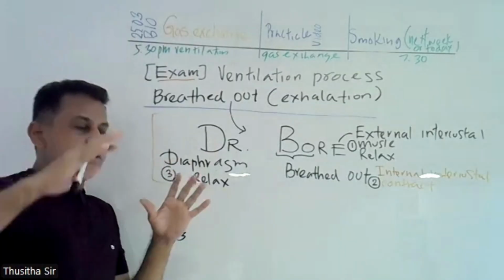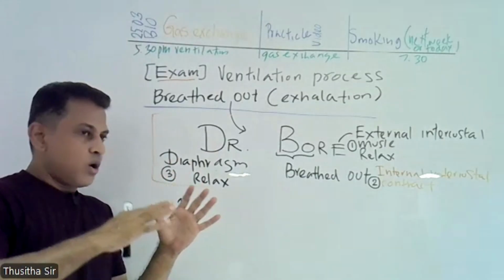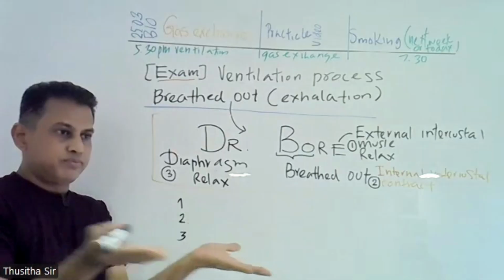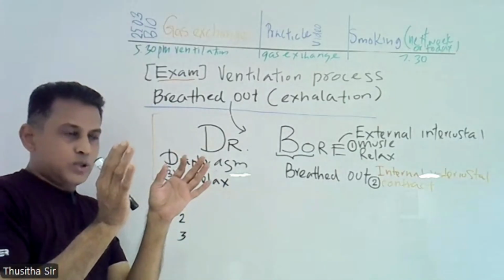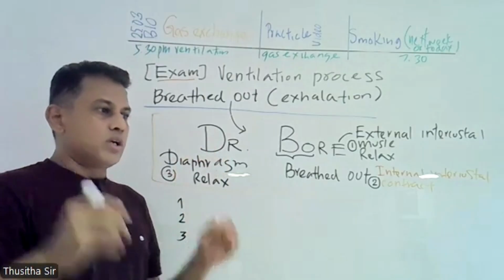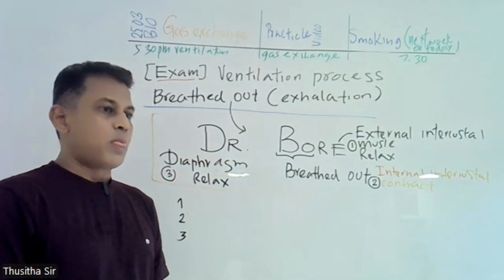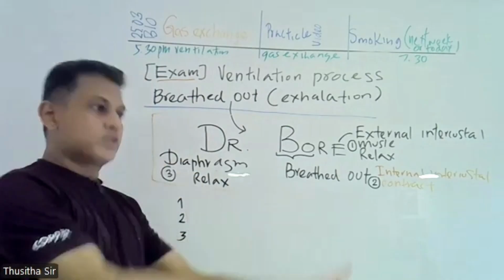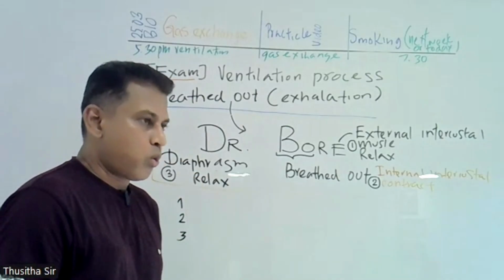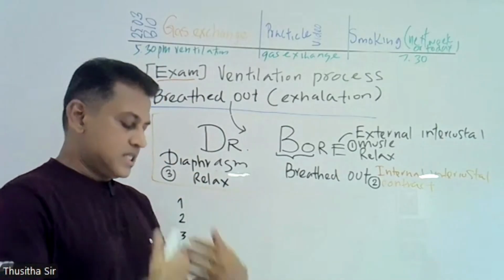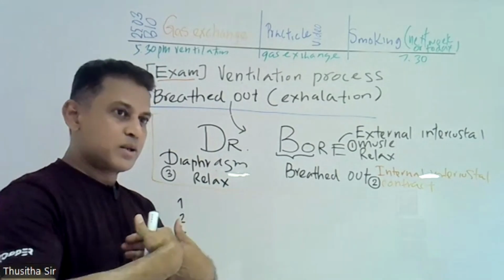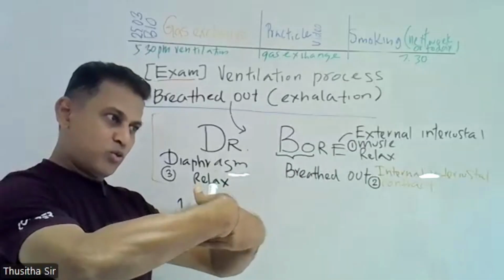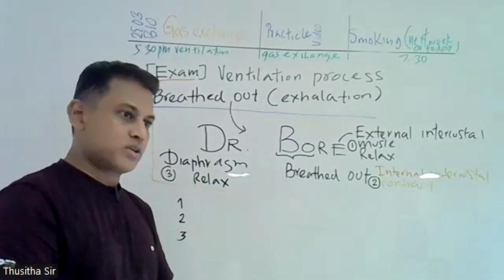Now, if these muscles contract or relax, what happens to the rib cage? You don't need to memorize it. Just try to breathe out. Take a breath out. Where does the rib cage move? In. The rib cage moves in and down.